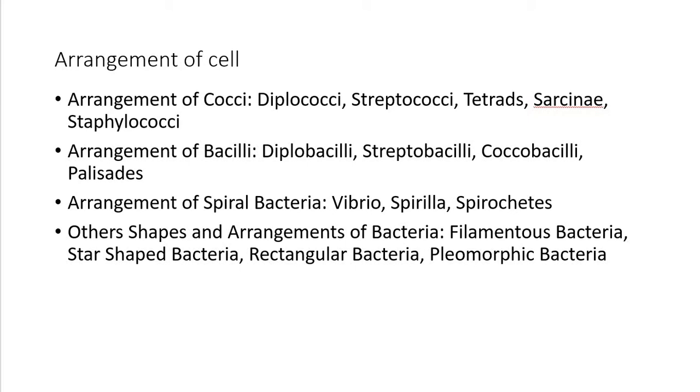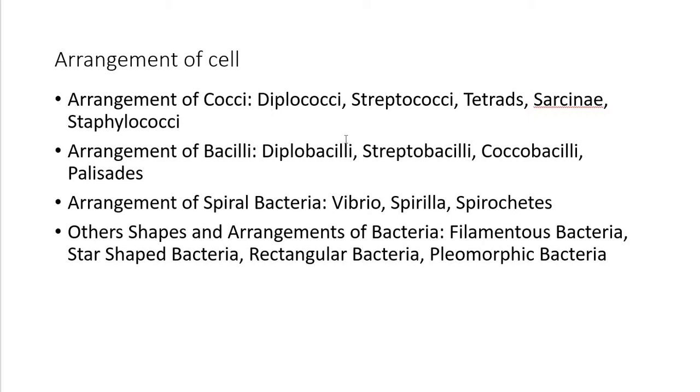Tetracocci: here cocci divide in two planes at right angles to one another to form a group of four. Staphylococci: here the cocci divide in several planes, resulting in the formation of irregular bunches of grape-like clusters of cells, for example, Staphylococcus aureus.